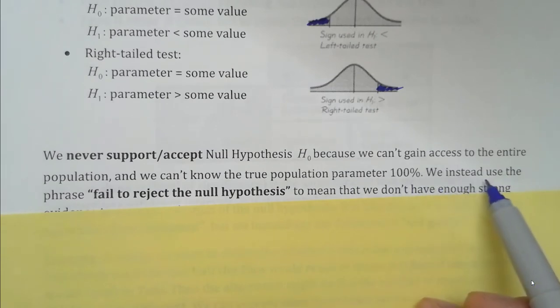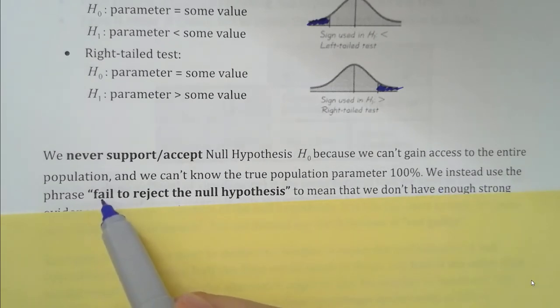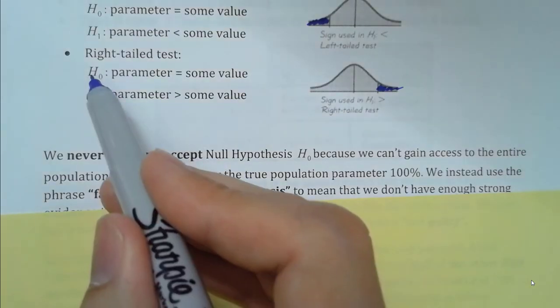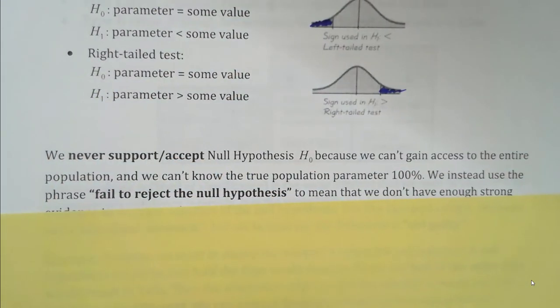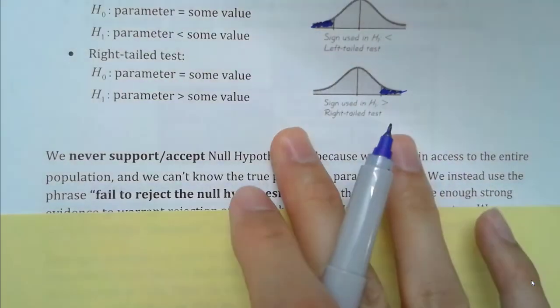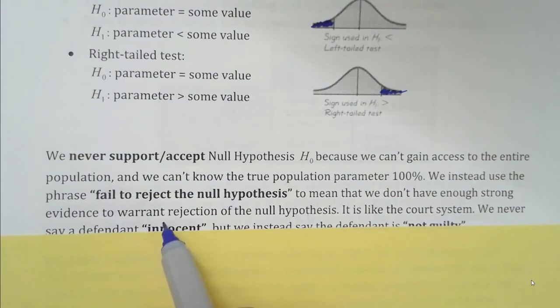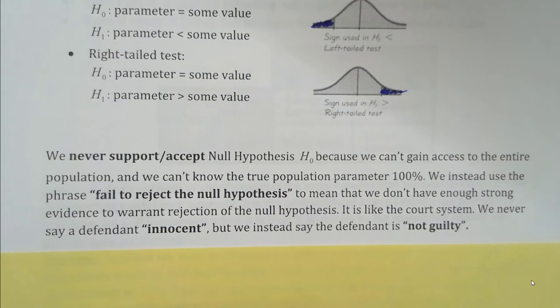We instead use the phrase fail to reject the null hypothesis. Fail to reject means that we don't have enough strong evidence to warrant the rejection of the null hypothesis. It's similar to the court system.